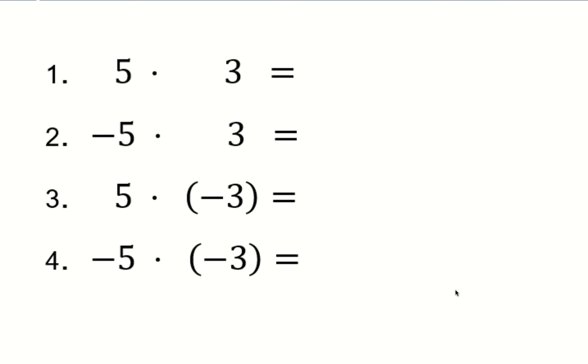Alright? The only other thing off the top of my head right now is to remind you that now that you're in high school, 9th grade, 10th grade, whatever, you're not going to see a whole lot of the X symbol being used for multiplication.